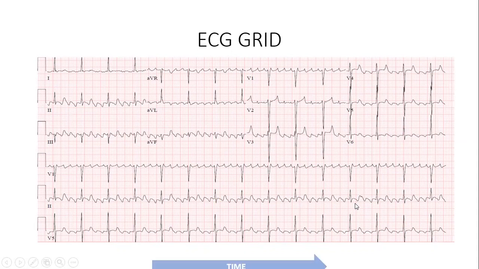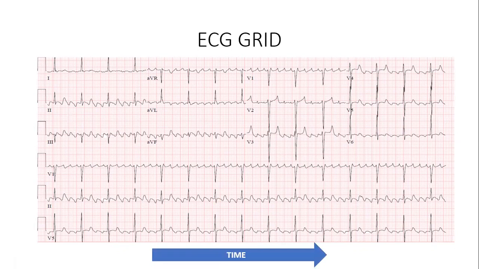What I need to highlight is that when you look at the x-axis, going across, we are looking at time. We are looking at intervals. Remember that all events that occur during the cardiac cycle happen in sequence, so they are timed.